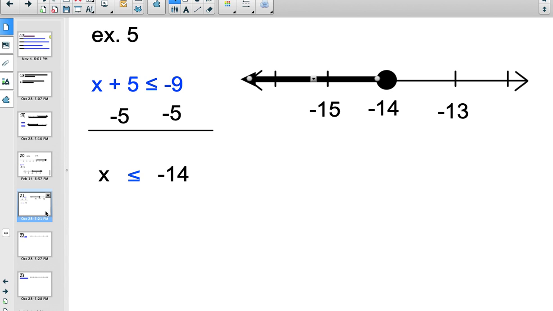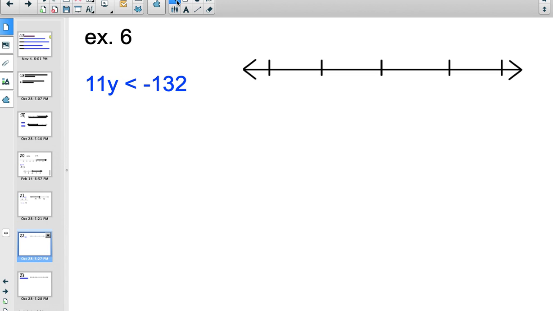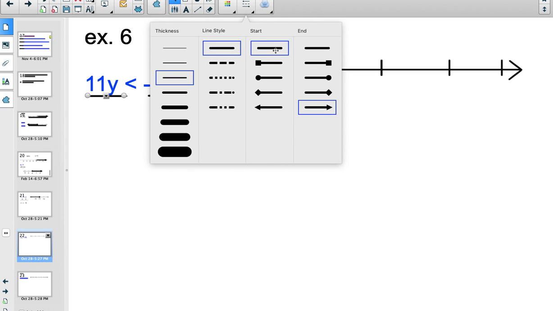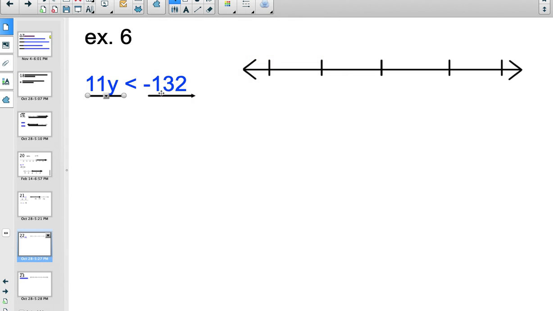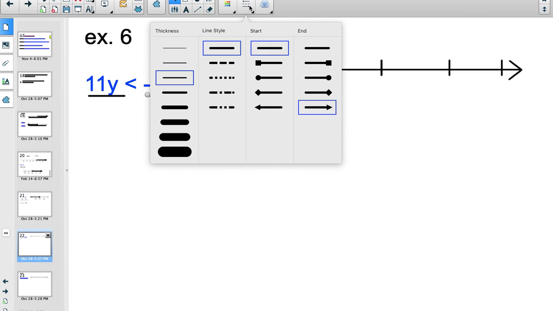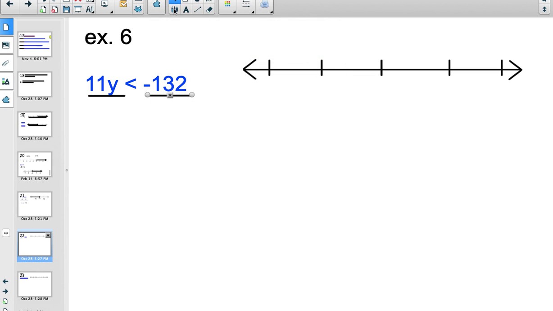All right, let's move on. This one is 11y is less than negative 132. On this one, we're going to want to divide both sides by 11.